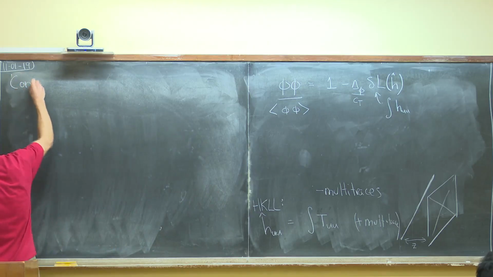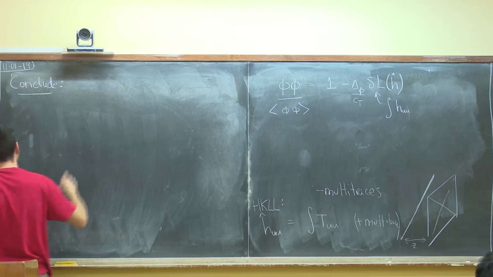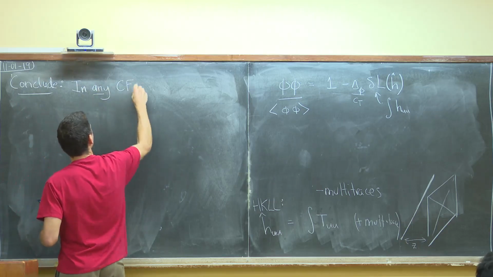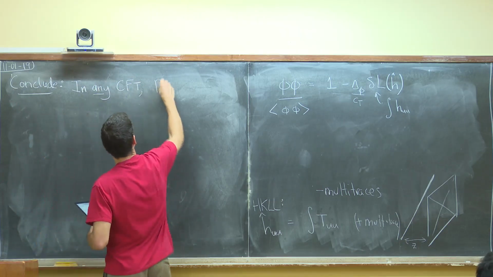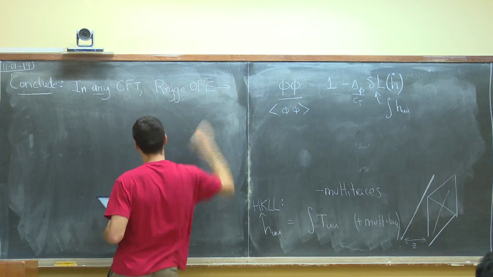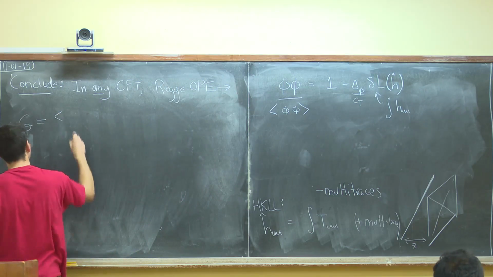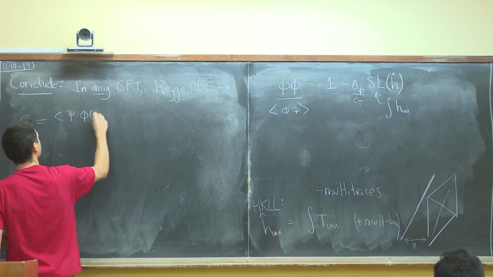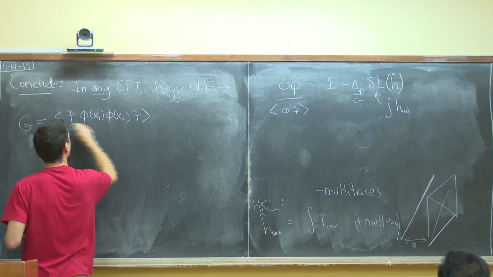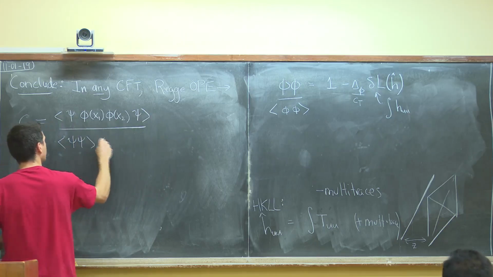Okay, so the conclusion so far is that in any CFT, just by doing the OPE in the reg A limit, the correlation function of psi, phi(x1), phi(x2), psi, I'm going to normalize this by the 2-point functions.